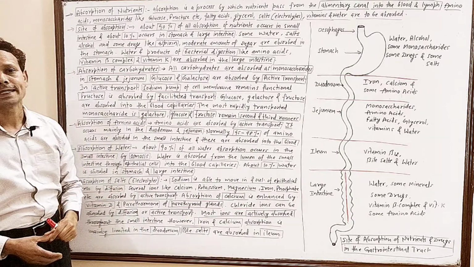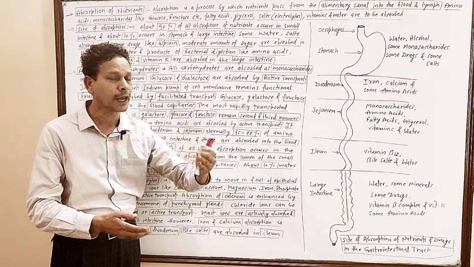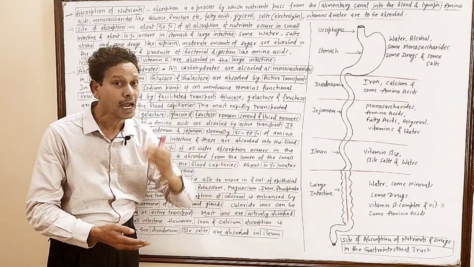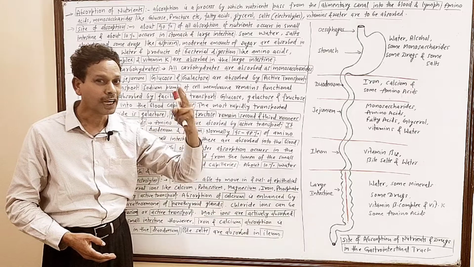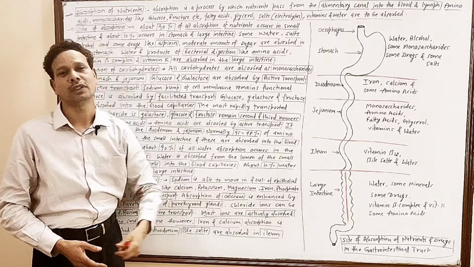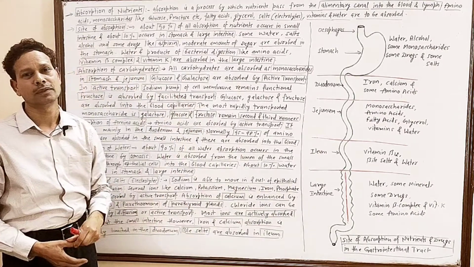Absorption of salts, electrolytes. Dear students, note down each and every point, very important. Absorption of sodium and chloride ions occurs by both diffusion as well as active transport.